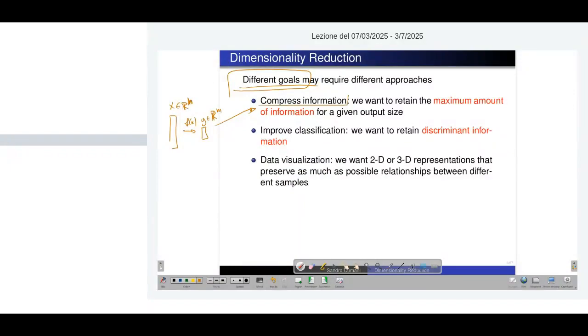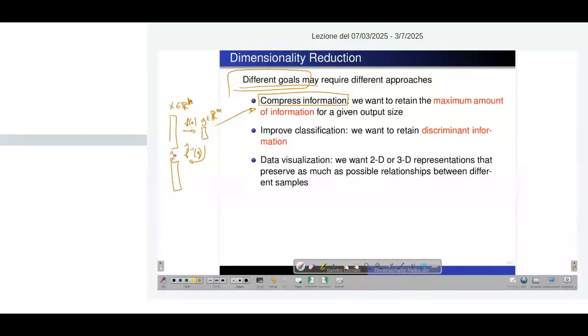Then if my goal is to compress information so as to preserve as much of the original information as possible, I can imagine that I may want to be able to invert the process, to go back from the reduced data to the original data. Now this may not be a lossless process.